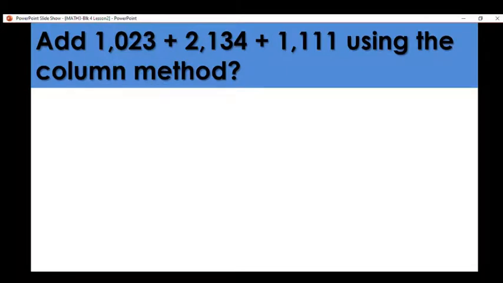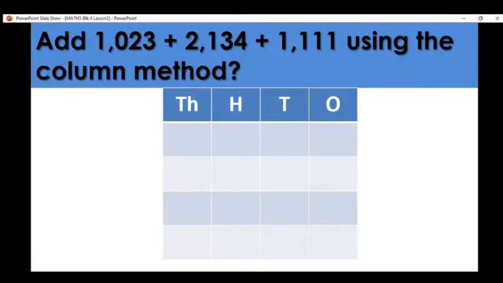So let's try this one. Adding 1,023 plus 2,134 plus 1,111 using the column method. Okay, so always remember that the column method is the lining up of the numbers to get our sum. So we will have the column method: thousand, hundreds, tens, and ones.